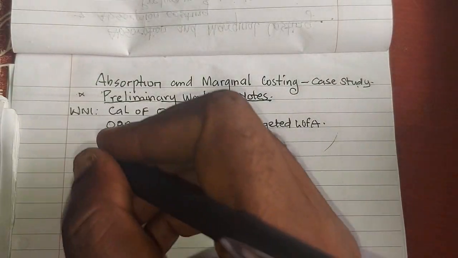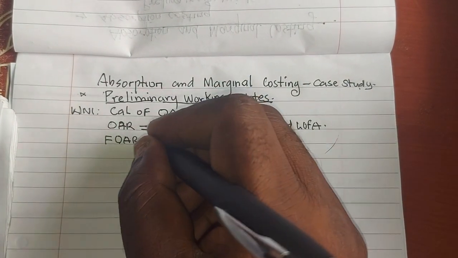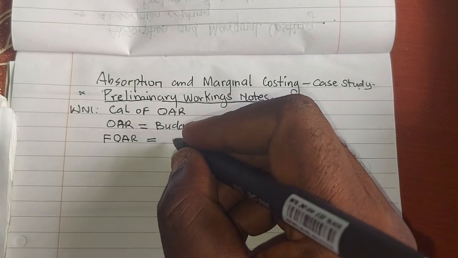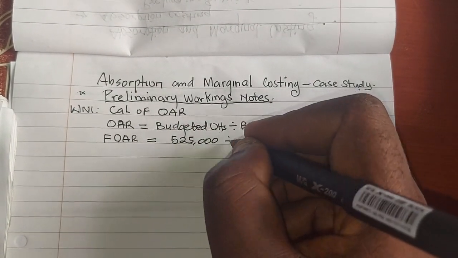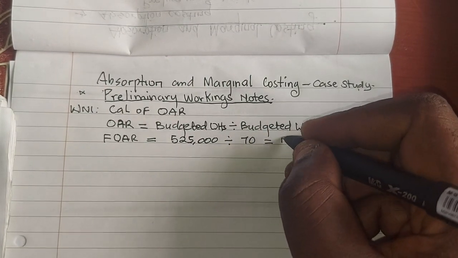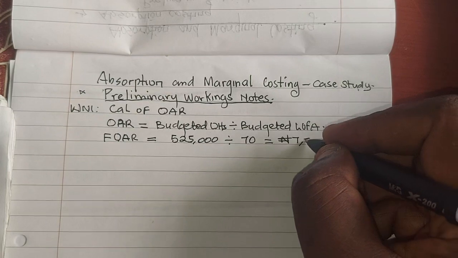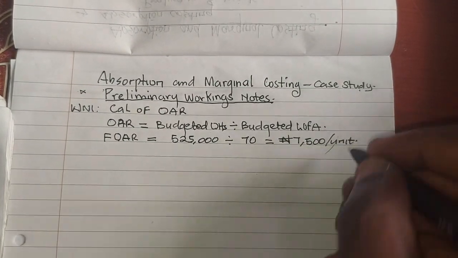So we write fixed overhead absorption rate is nothing but 525, the budgeted, divided by 70, and this will give you from your calculator 7,500 per unit, that is per photocopier.